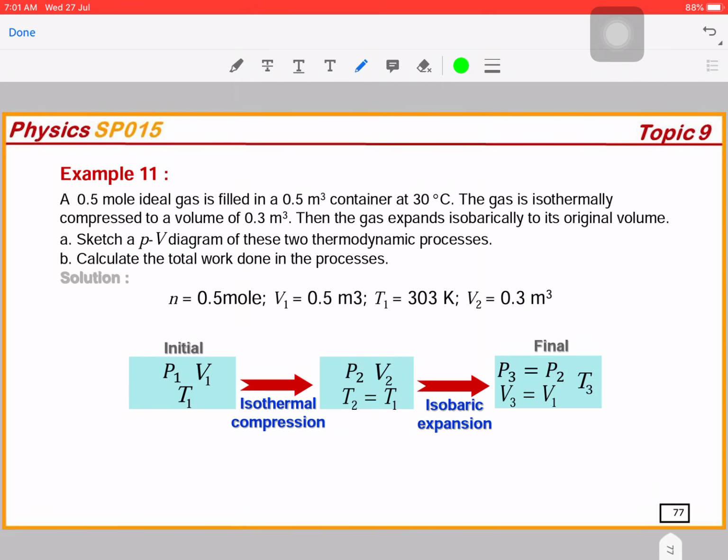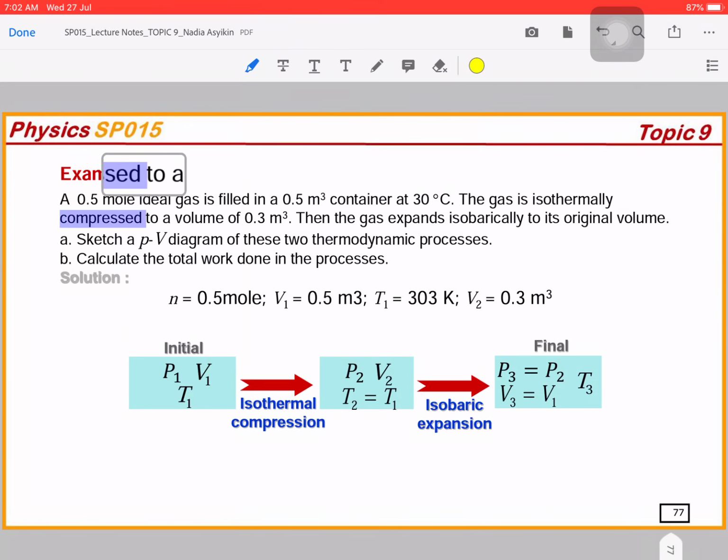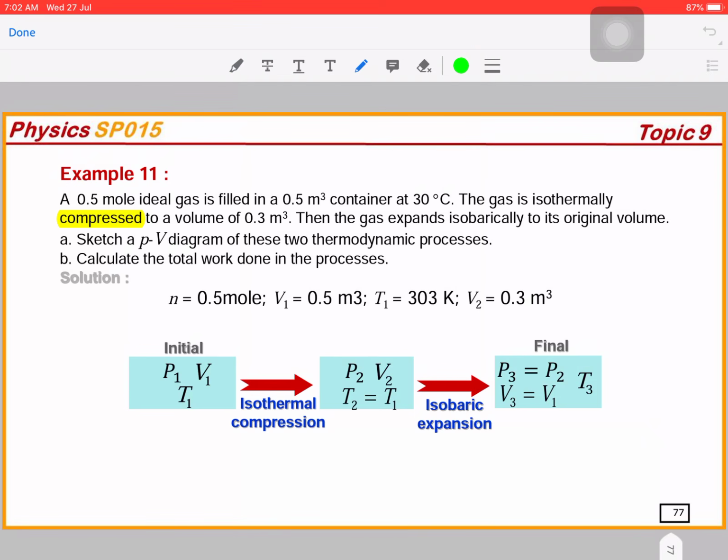Okay, next example 11. A 0.5 mole ideal gas is filled in 0.5 meter cube container of 30 degrees Celsius. The gas is isothermally compressed, okay, to a volume of 0.3 meter cube. So it is compressed. So they compress at constant temperature.